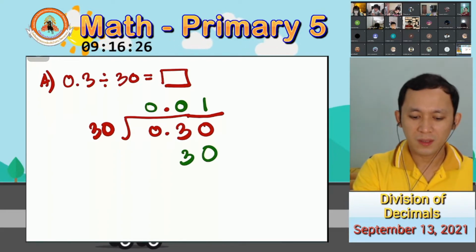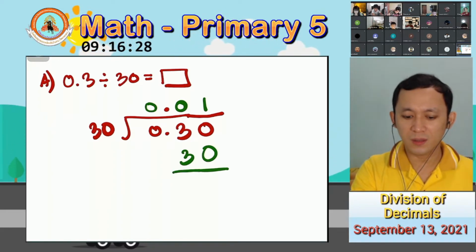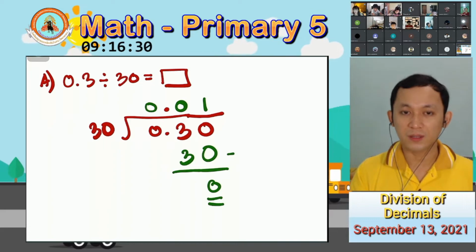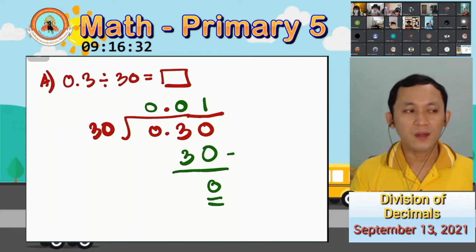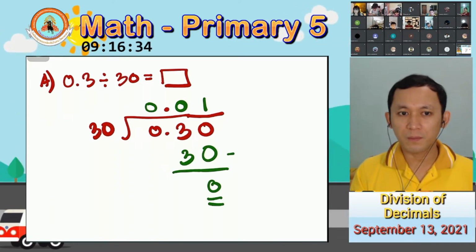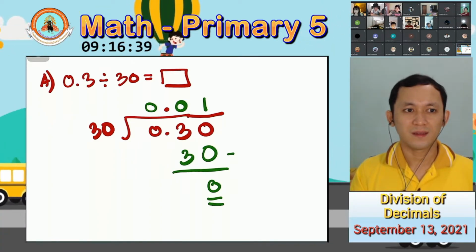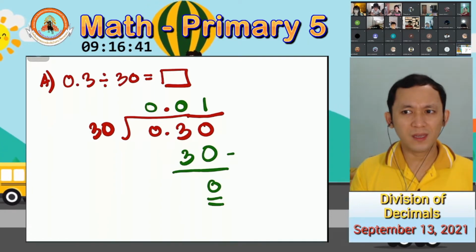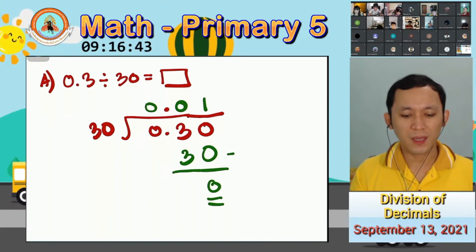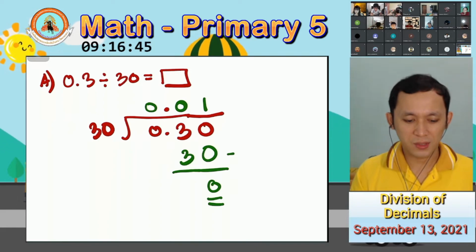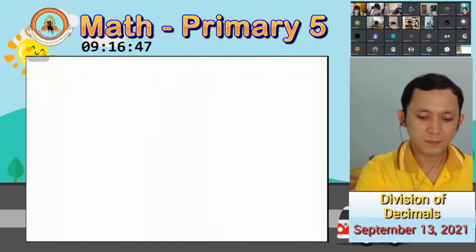So 30 minus 30, of course, we have 0. So what is our answer? We have 0.01. Question? Very easy. Okay, so that is our answer for letter A.